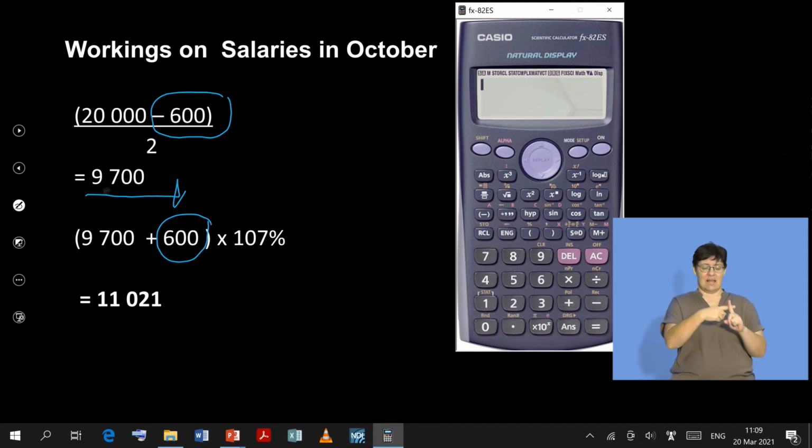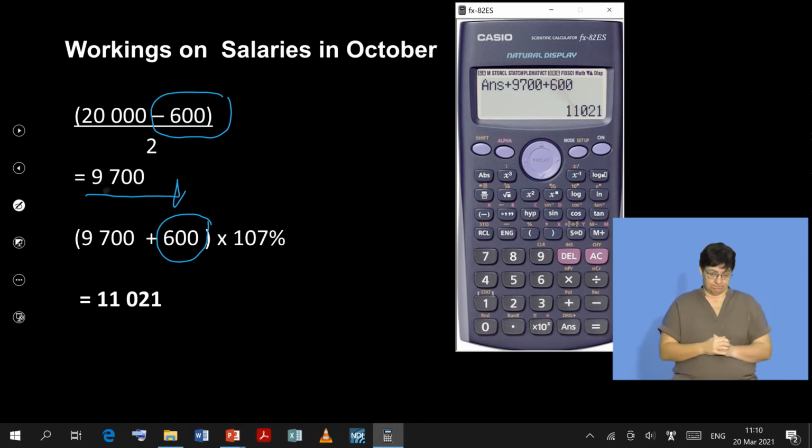It's the 9,700 plus the 600, which gives you 10,300, times your 7%, and that will give you 721. Let's add the components, 10,300 plus 721, to give you a figure of 11,021. Okay, so remember these calculations.